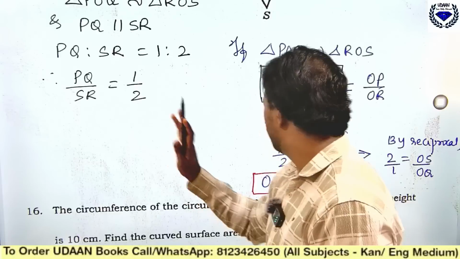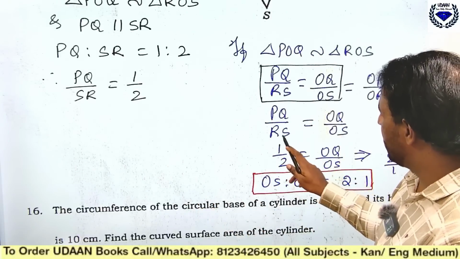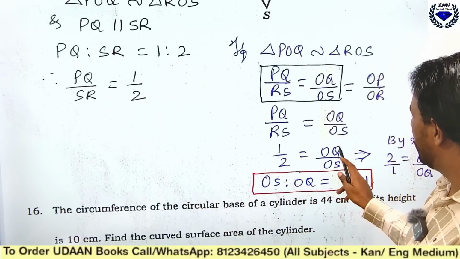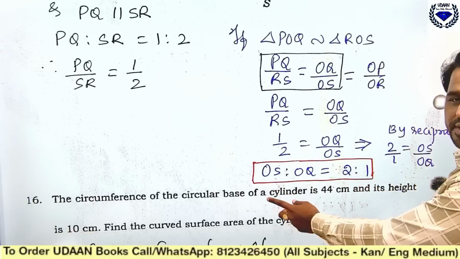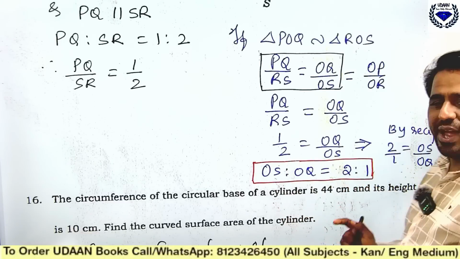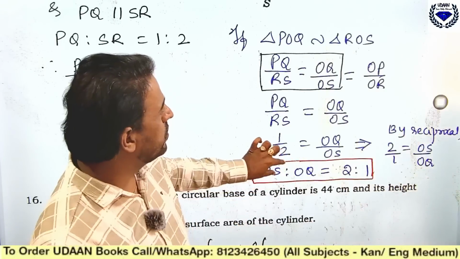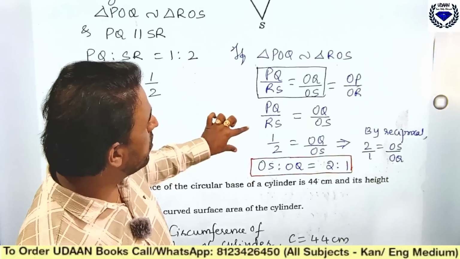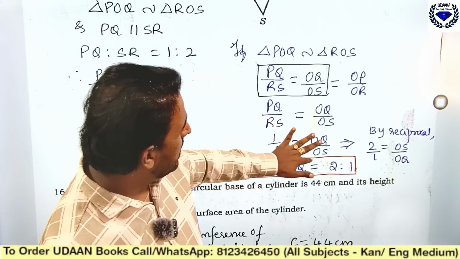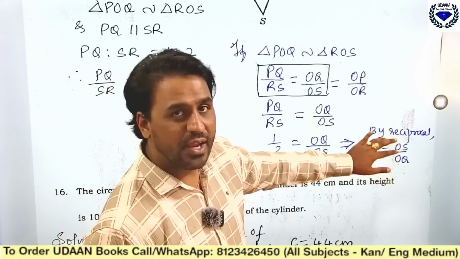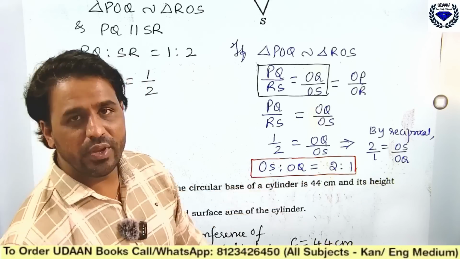PQ by SR is 1:2. So you can write PQ by SR 1 by 2 equal to OQ by OS. Then by writing the reciprocal, because we need what? Ratio of reciprocal. So while writing the reciprocal, this will become ulta. That means 2 by 1. This will become ulta, OS by OQ. Then OS by OQ will get you what?